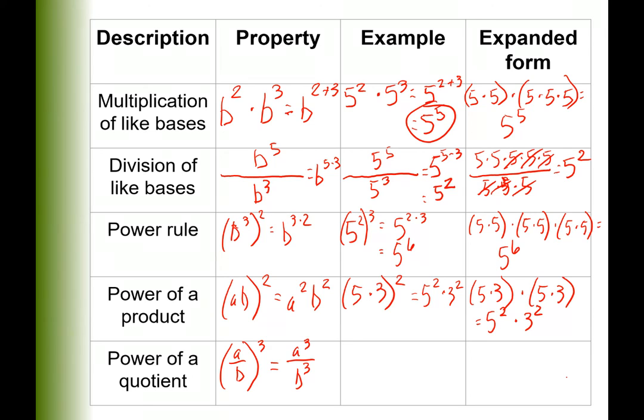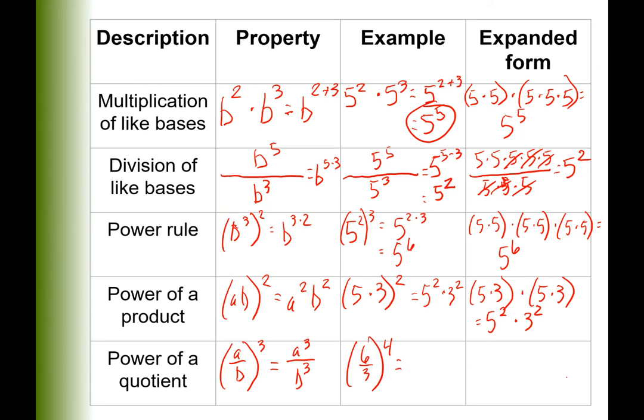That's all it essentially is. So say we have 6 divided by 3, and we're raising that to the 4th power. Remember, we're not solving this. We're just getting a better picture of it.